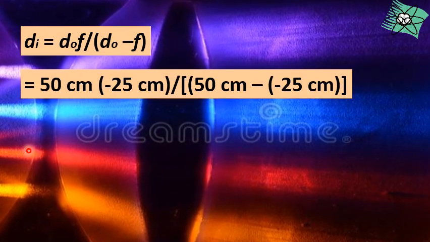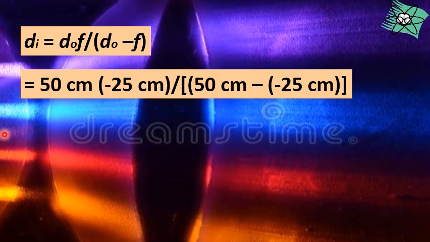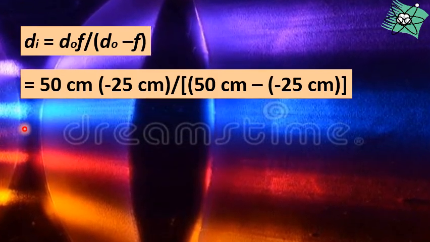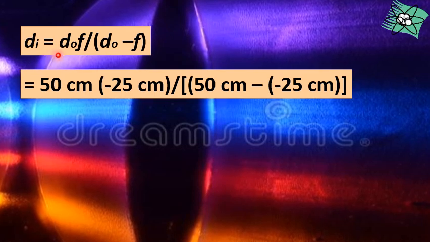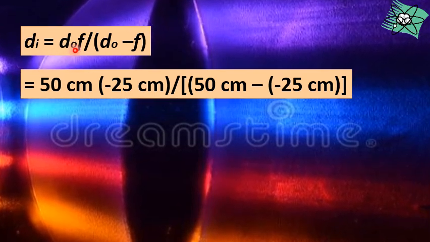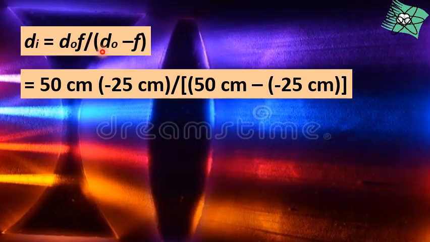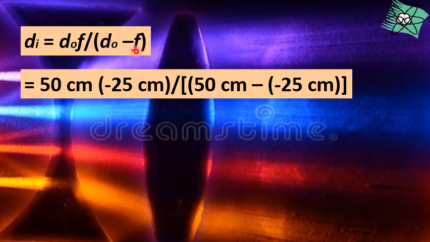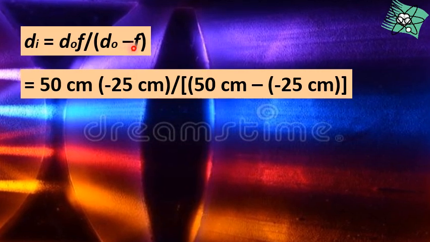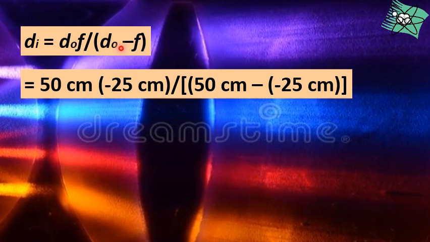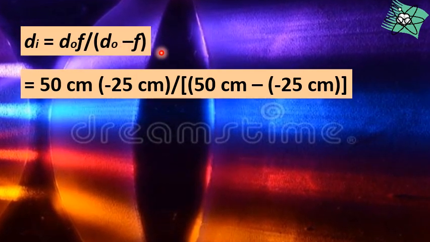We can compute the image distance di using this derived formula. Di equals the product of do times the focal length divided by the difference between the object distance and the focal length, or quantity do minus f.